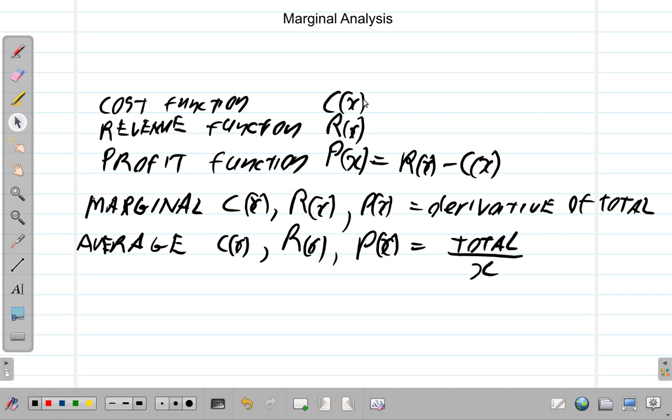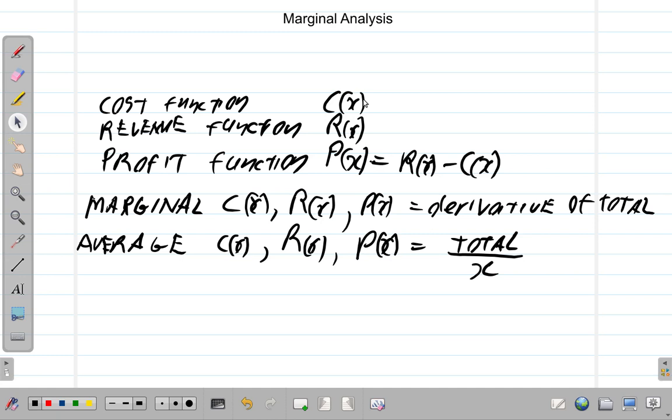The marginal revenue would be the additional revenue that would come in from selling the next one item. And the marginal profit is, of course, the profit that would come into the business from selling one more item. What would be the profit from selling the next item, the additional profit?